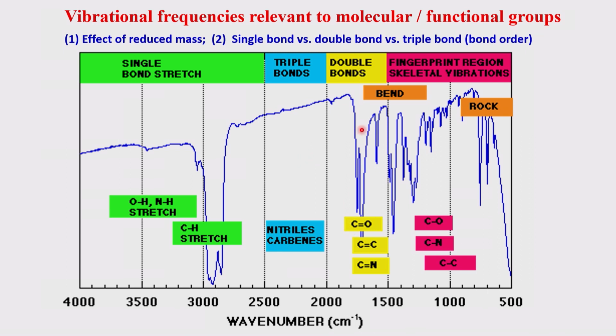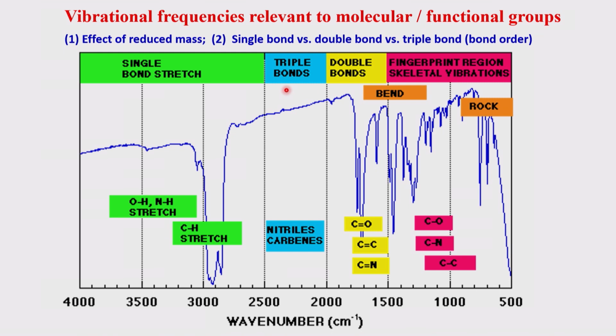The double bonds like C=O, C=N, C=C come in the region of 1600, and a little lower in energy are C-O, C-N, then C-C, which is between 1300 to 900.